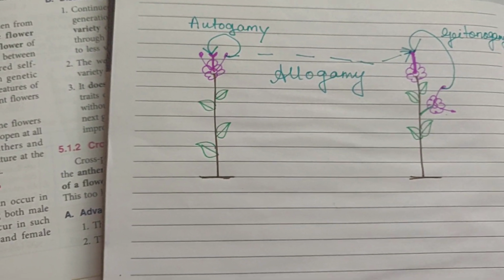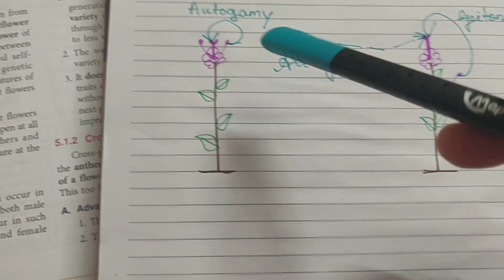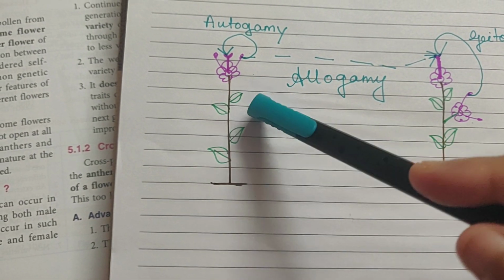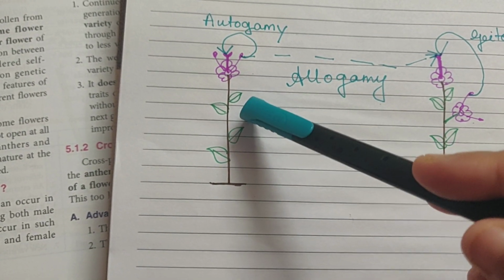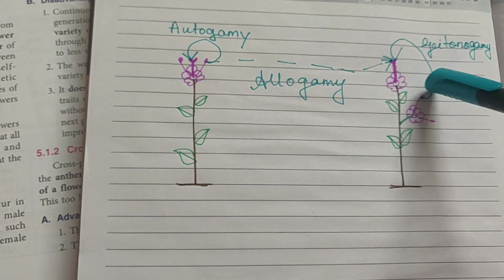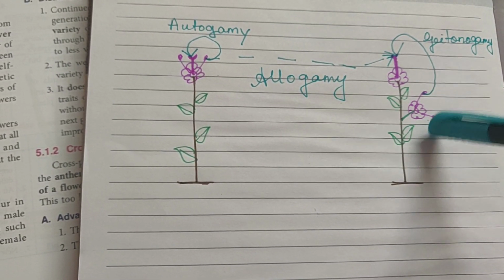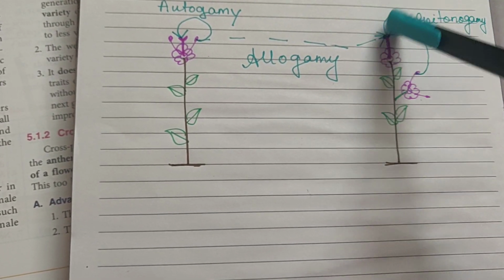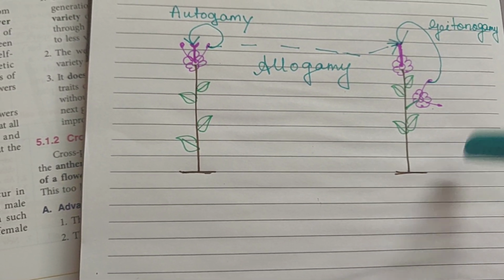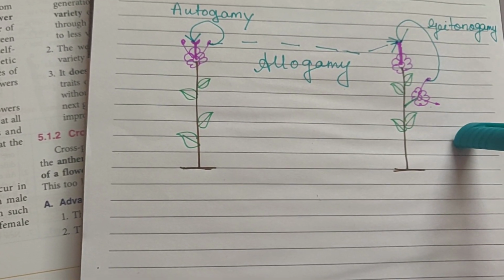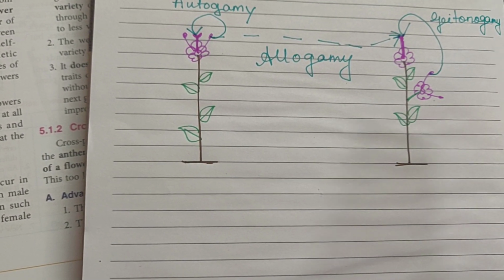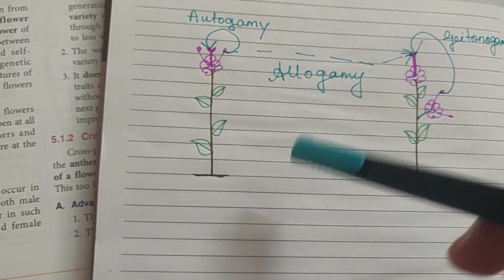So basically in self-pollination, the same flower has to be there for it to take place, or even if a different flower is participating in pollination, they need to belong to the same plant. Then only I can call it self-pollination. Okay, so self-pollination is of two types.